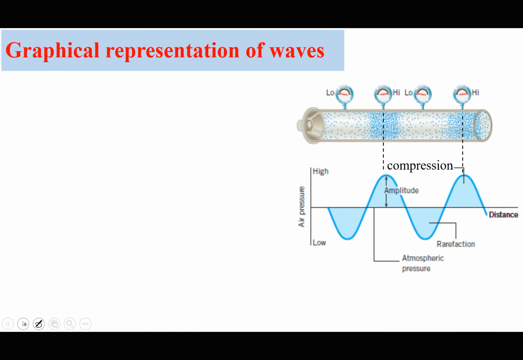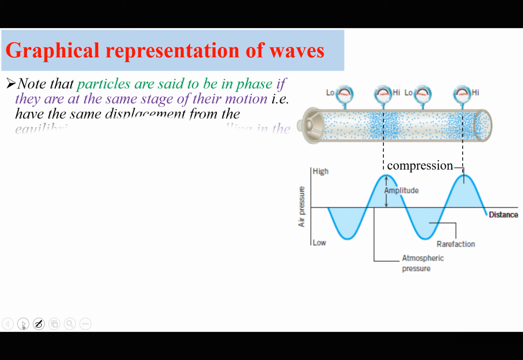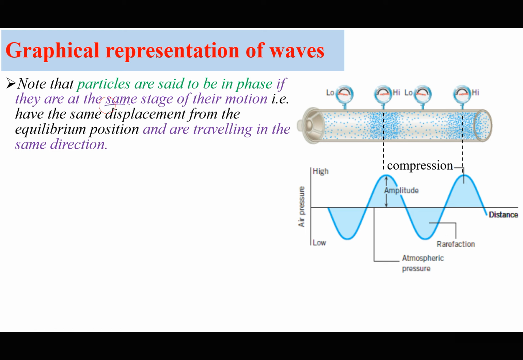So I want you to recall and also note that particles are said to be in phase if they are at the same stage of their motion. That is, they have reached the same displacement from the equilibrium position and they are traveling in the same direction.